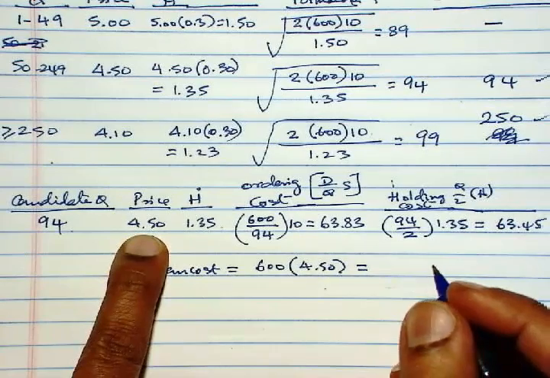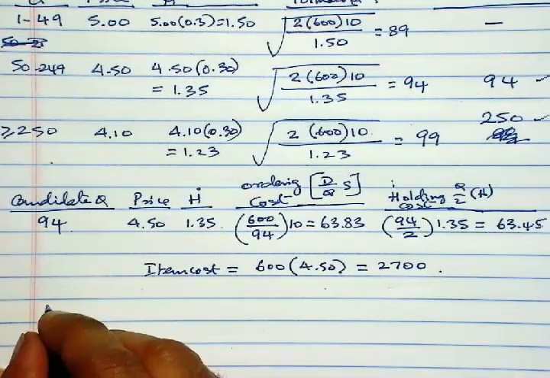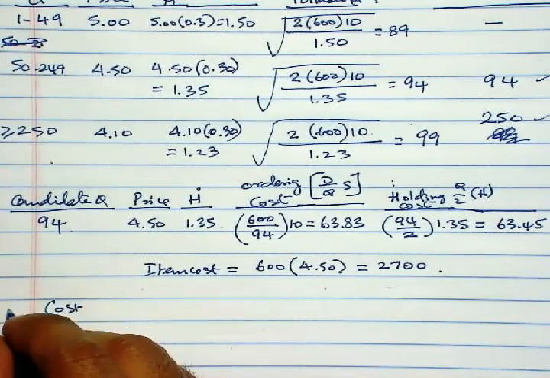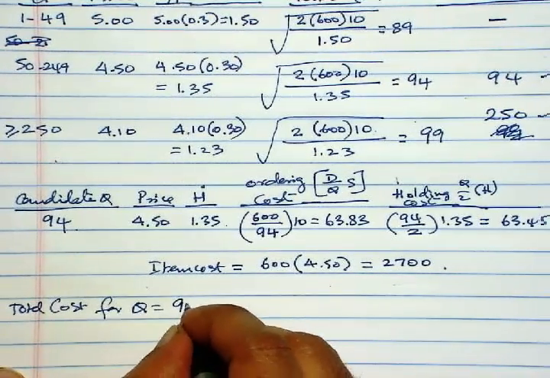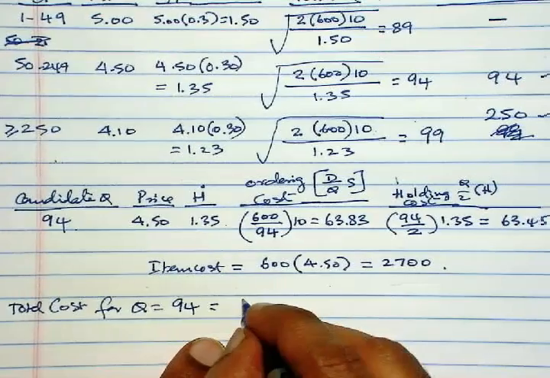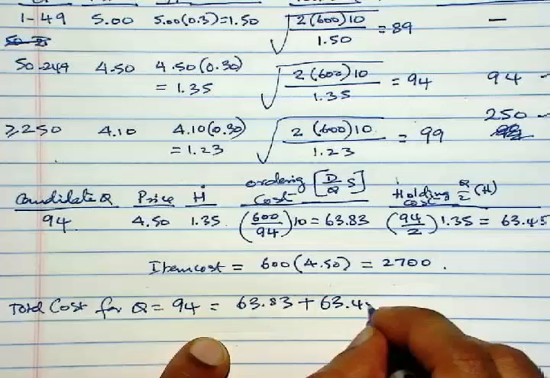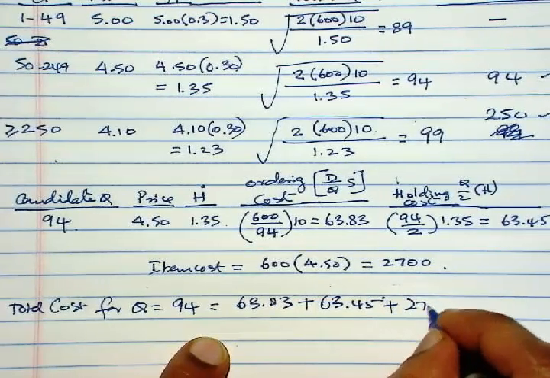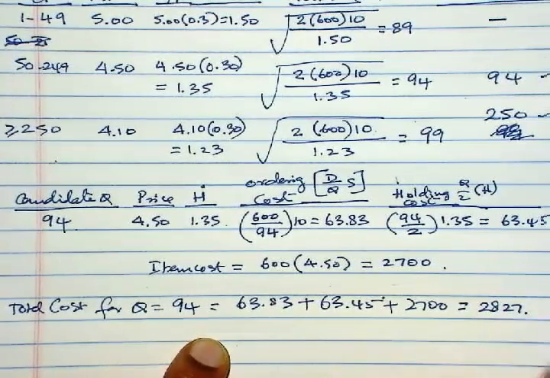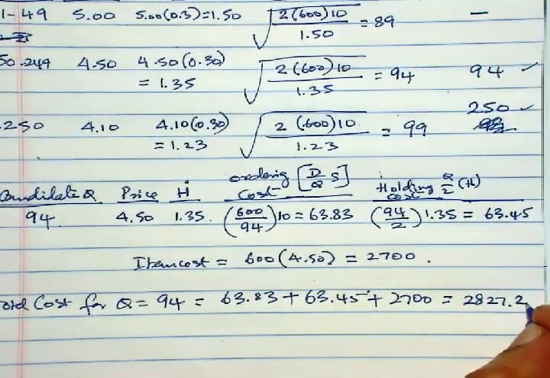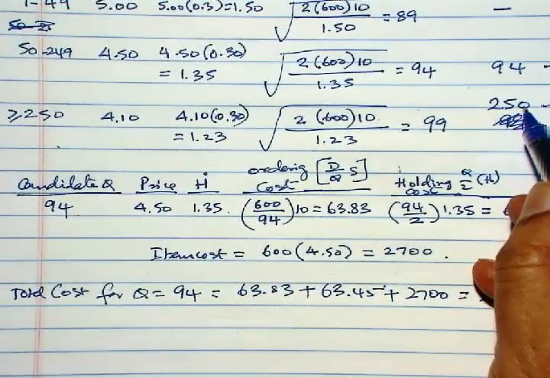So this will give an item cost of 2,700. So total cost for Q equal to 94 is 63.83 plus 63.45 plus 2,700, and that will give us 2,727.28.